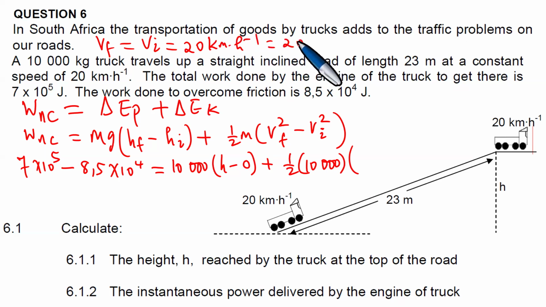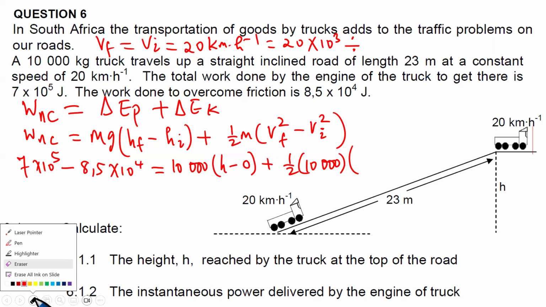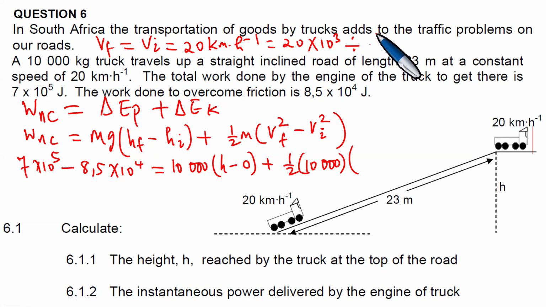Okay, now this is 20. Now the kilometer is the same as what? It is the same as 10 to the 3, that's 1,000, and you divide by the hour. The hour has 60 by 60, because 1 hour is made up of 60 minutes by 60 seconds.